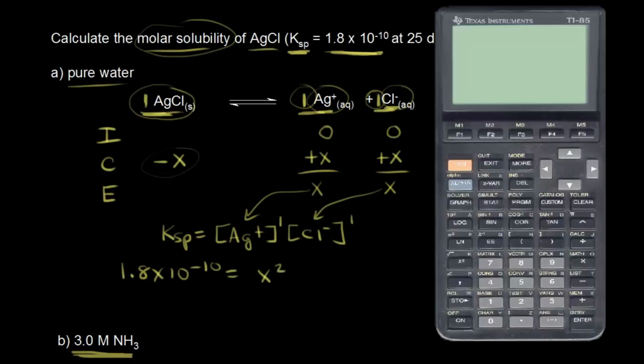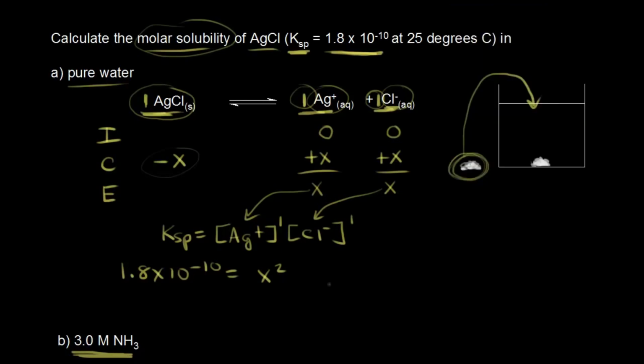So we can get out the calculator and solve for X. So we have the square root of 1.8 times 10 to the -10. So we take the square root of that, and X is equal to 1.3 times 10 to the -5 if we round that. So X is equal to 1.3 times 10 to the -5 molar.